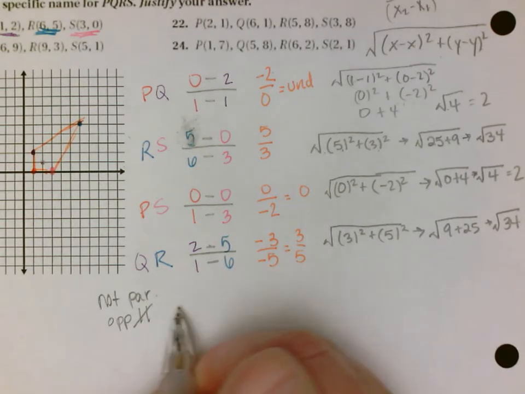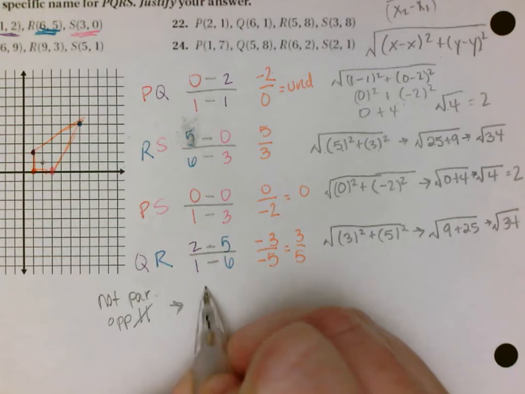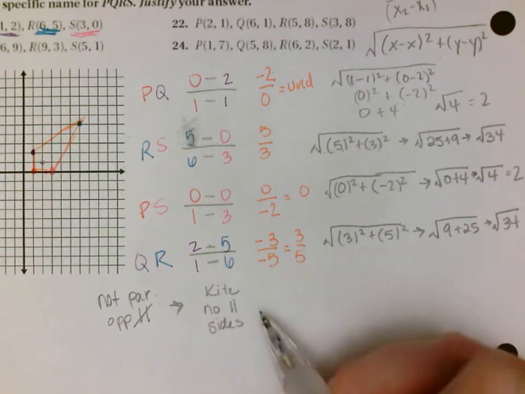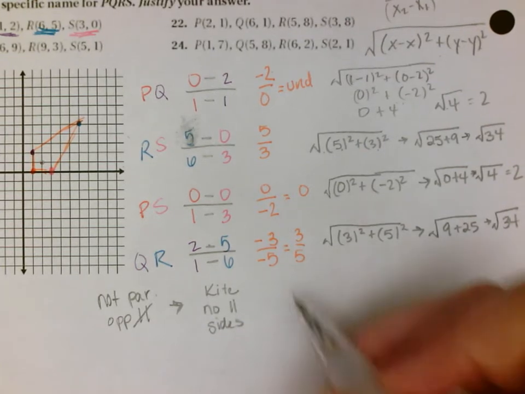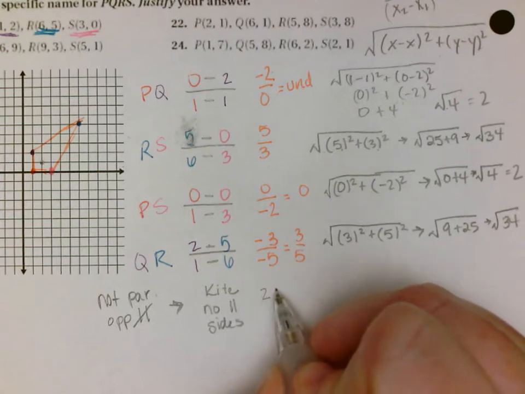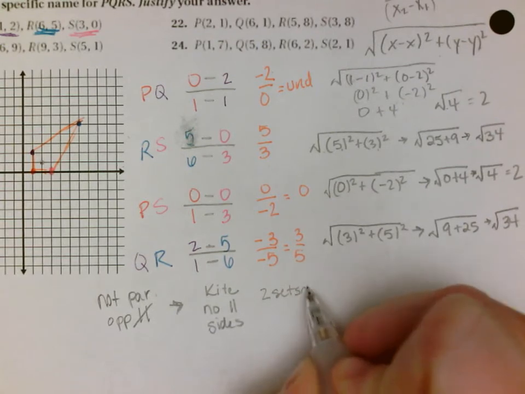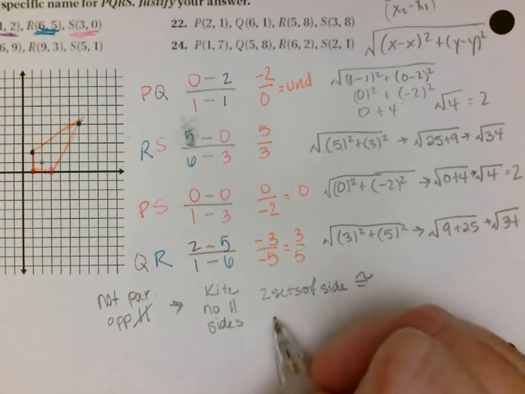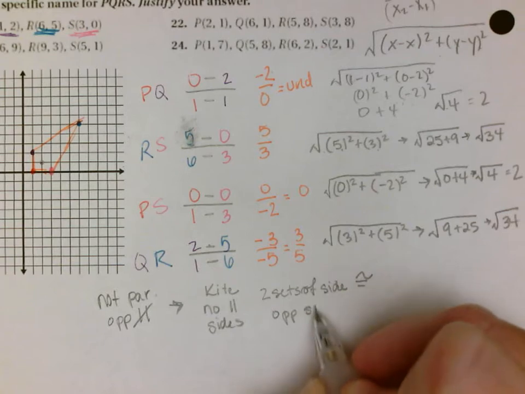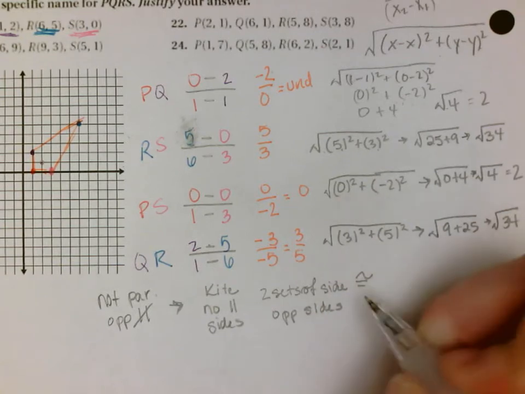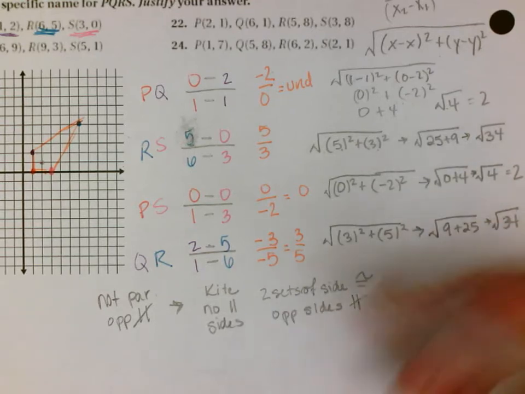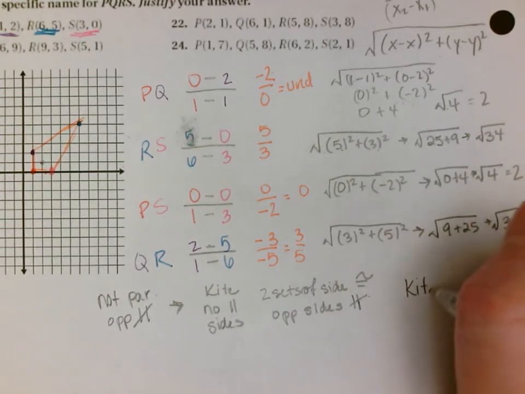So therefore, my next idea is a kite. No parallel sides. And I prove it's a kite: two sets of sides are congruent, opposite sides not parallel. So the most specific name for this shape over here is a kite.